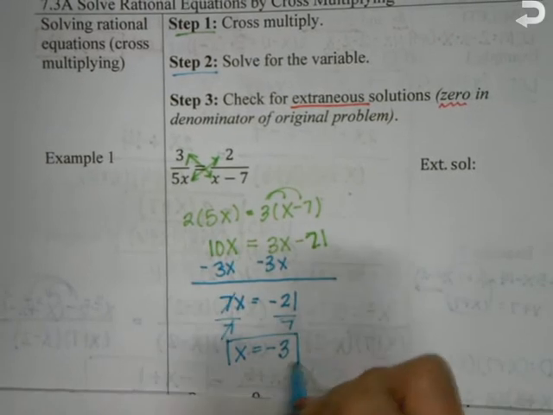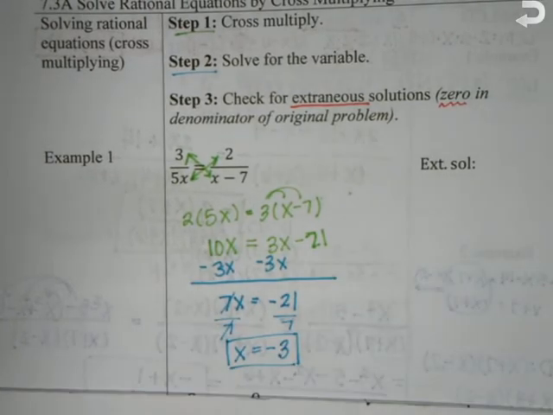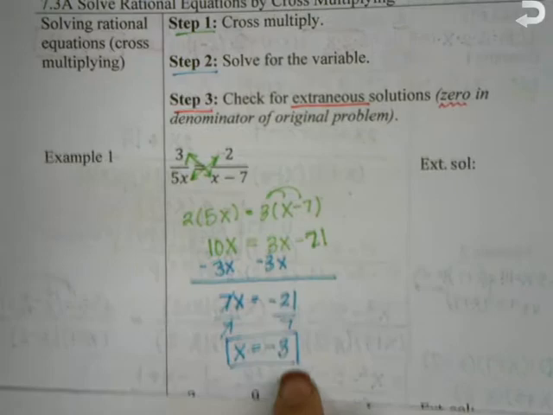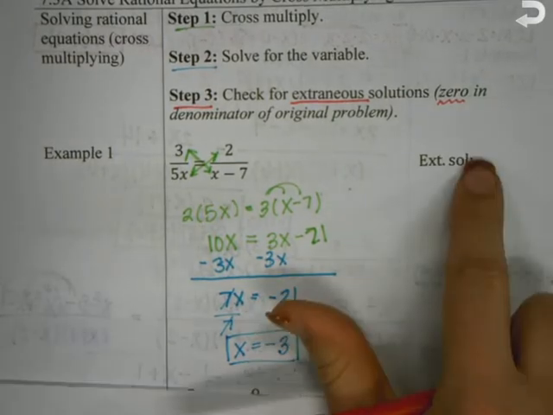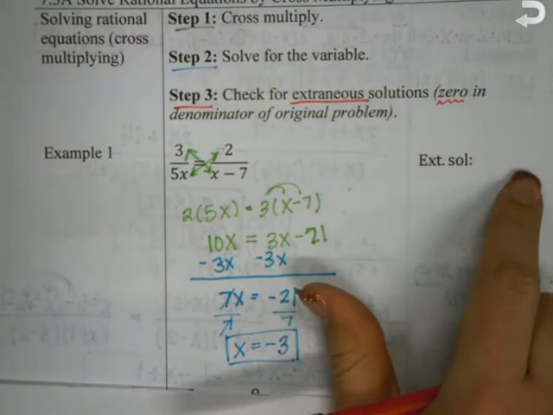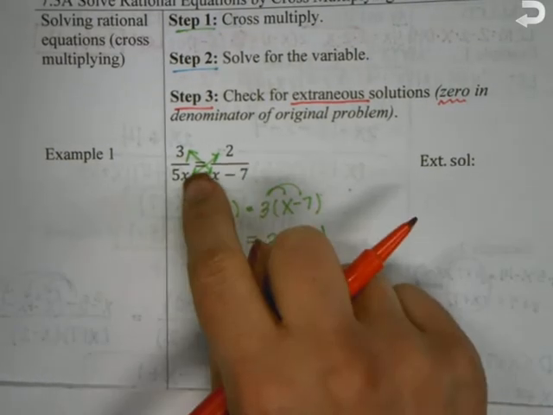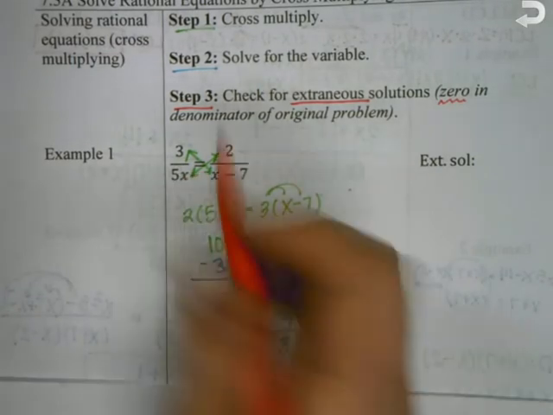Okay, so that's our answer. Now we do need to make sure that we check for what we call extraneous solutions, and even though we are getting one single answer, we need to write down what makes those denominators 0. So we're going to look at my denominators here, 5x and x minus 7.